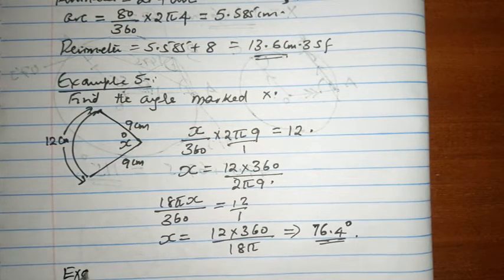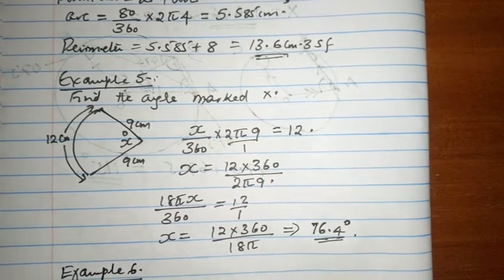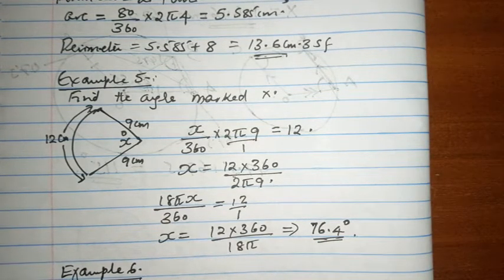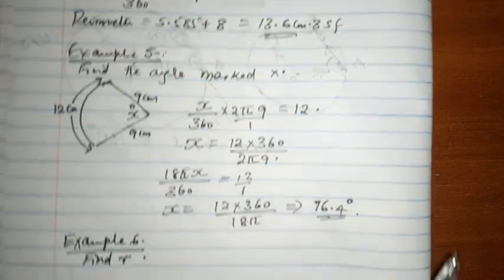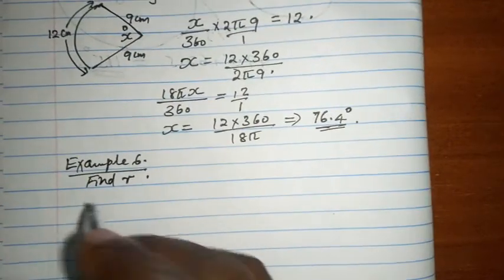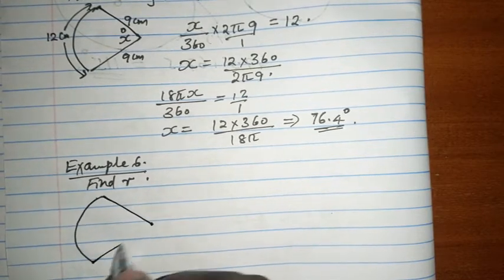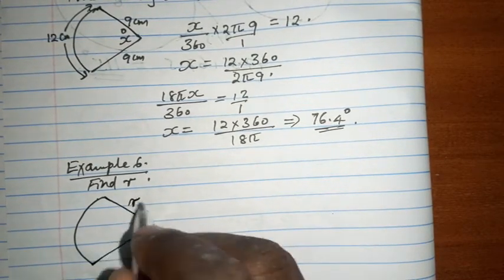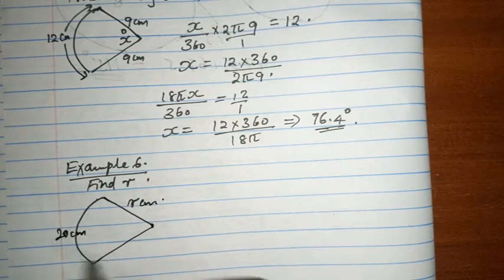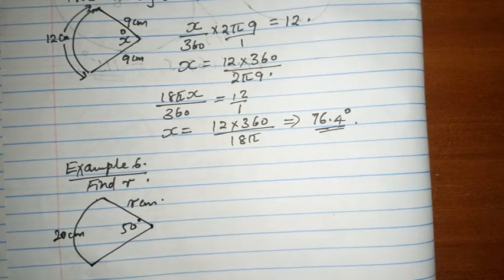In the same video, let me explain example 6, because these are short questions. It's telling us find r, find the radius. Example 6 is requesting us to find the radius r in the following. There is an arc there, there is a radius, there is this radius, that's what we need to find, r centimeters, and there is 20 centimeters, and there is 50 degrees.